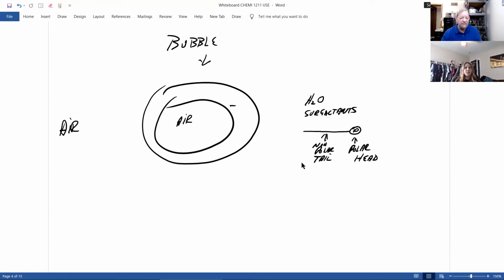Now, air is non-polar, oxygen, nitrogen. Water, well, you know that's polar. And what helps make a bubble?